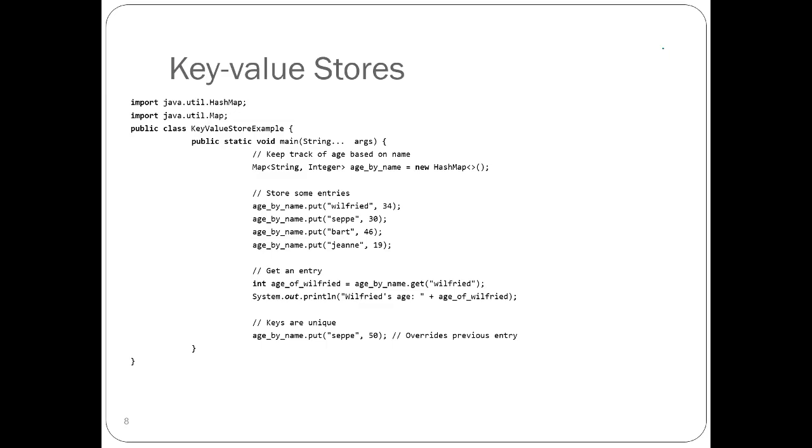And what we have done is simply use the put method to put these values. And then if you're interested in retrieving that data, you will simply use the get method. Age by name dot get, use any key that you're interested in. Key means the name of the person, and you'll get the age. Okay, so you can print that out.